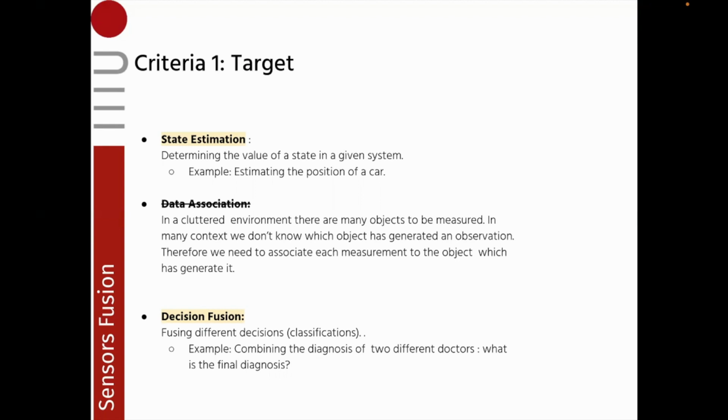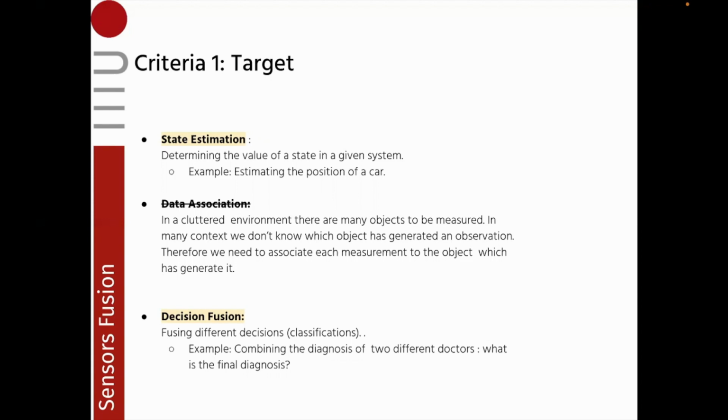There is then data association, but I will not give any detail about this because I don't think it is used much in the eHealth domain, and it is more interesting for other domains such as aerospace or navigation systems, so I will not deal with it.